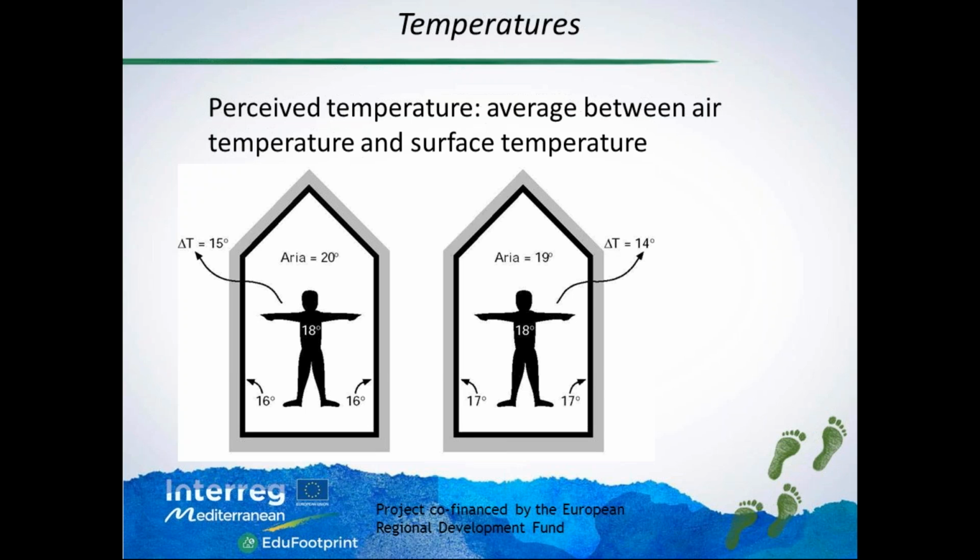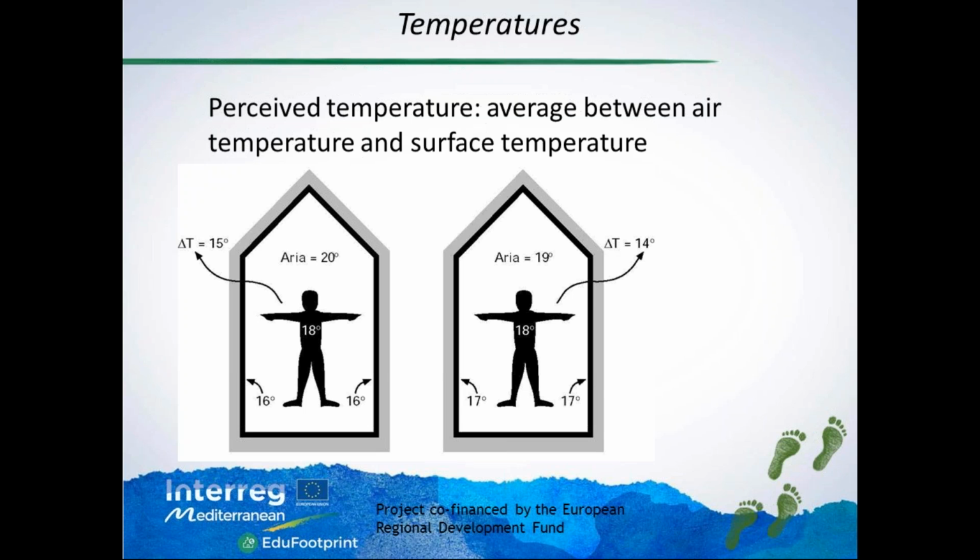This is very important because our feeling has to be about 18 degrees perceived temperature. So if we have 16 degrees on the inner wall, we have to take the temperature of the air to bring it to 20 degrees.